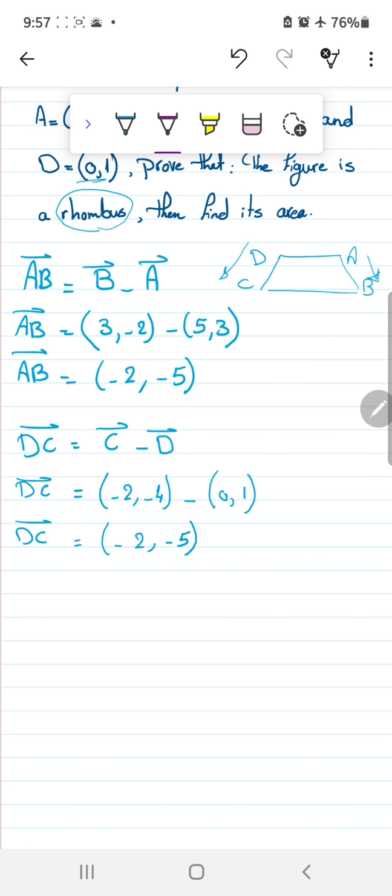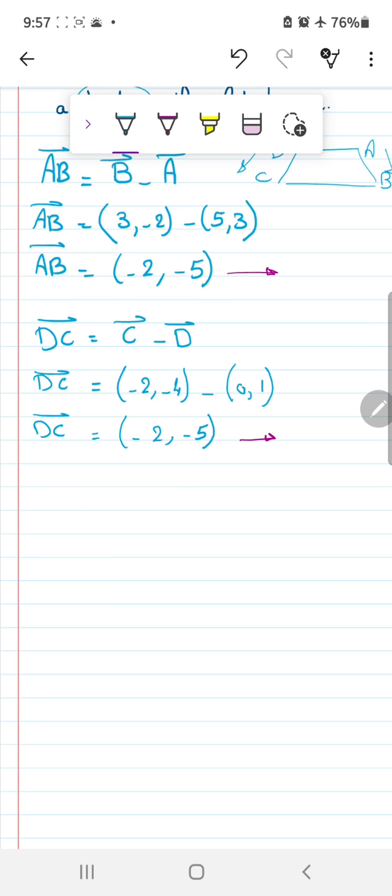So here we get two opposite sides are equal in length. So we want to prove that the other two sides are equal in length, which is AD and BC, or to prove that AB and DC are parallel. How to get the slope of AB and the slope of DC? The slope of AB equals y over x, so -5 over -2 equals 5 over 2.